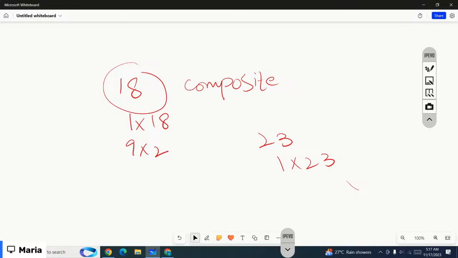Do you have any? No. That means 23 has only two factors, 1 and the number itself. So 23 is a prime number. Got it now? What is the difference between the prime and the composite number?